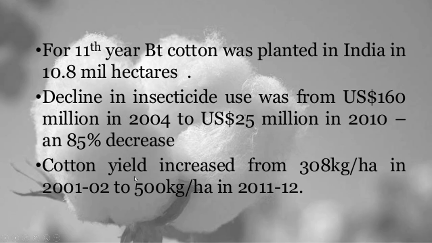And cotton yield increased from 308 kg per hectare in 2001-2002 to 500 kg per hectare in 2011-12. So there was a decrease in the use of chemical pesticides, it saved a lot of money for the farmers, and at the same time the yield of the cotton increased. This just shows you that using insect resistant transgenic plants expressing Bt toxin is highly beneficial for the farmers.